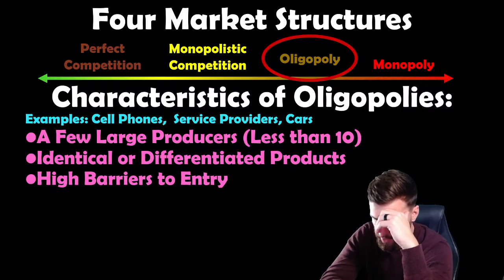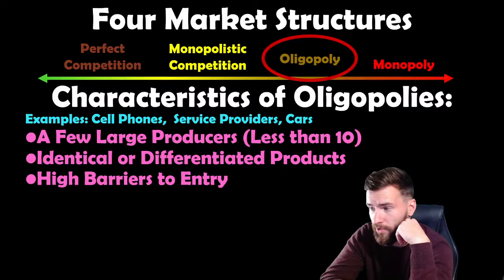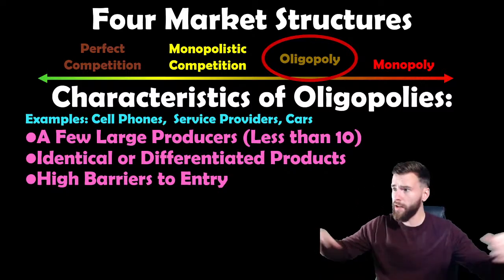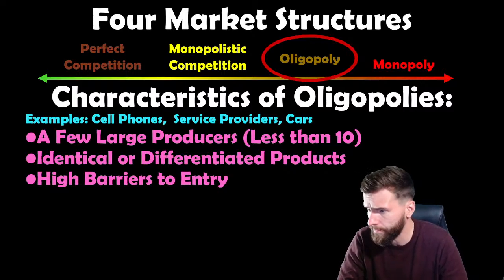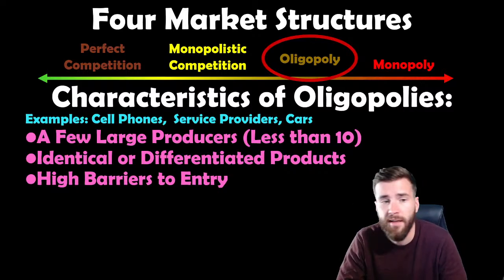If you wanted to open up a business and compete with the existing producers in this market structure, and generally for oligopolies the answer is no, right? How hard would it be if you wanted to create your own airline right now, right? How hard would it be to open up an airline and compete against the existing firms, Delta, United Airlines, you name it, right? Insanely difficult.